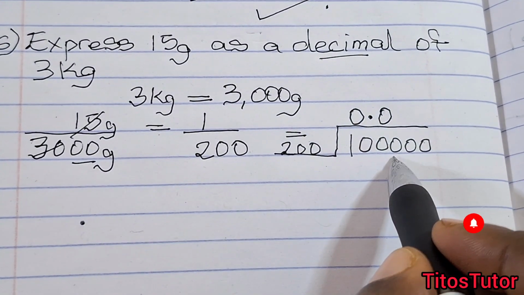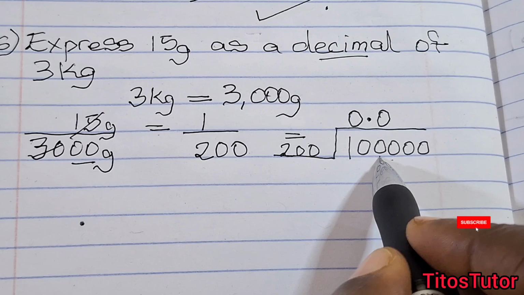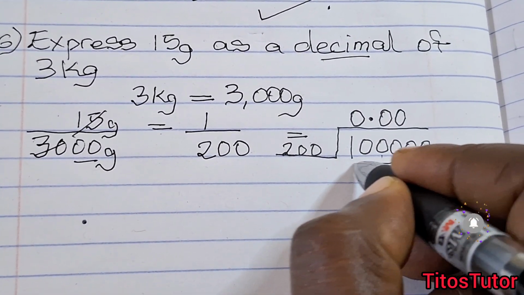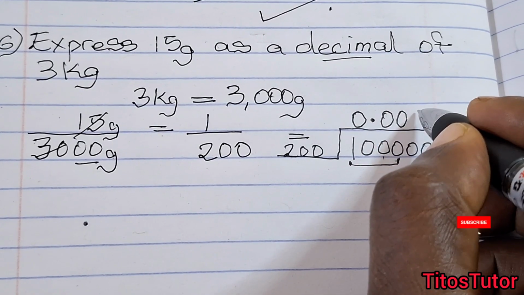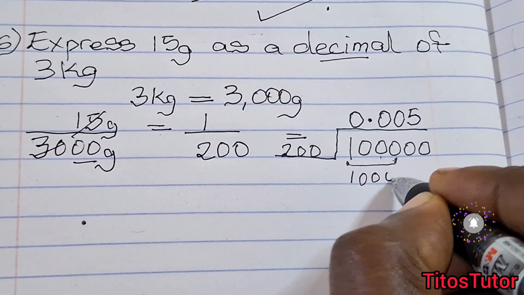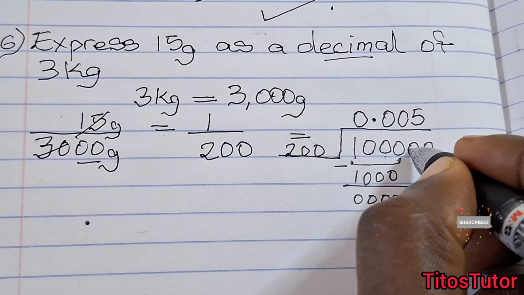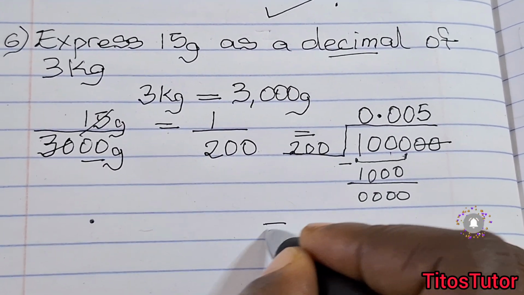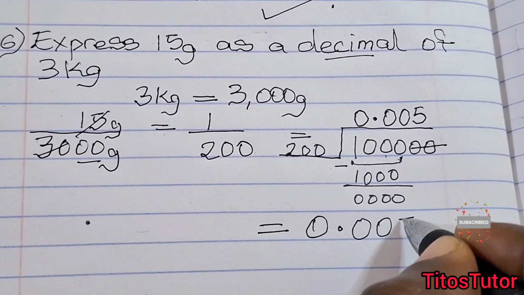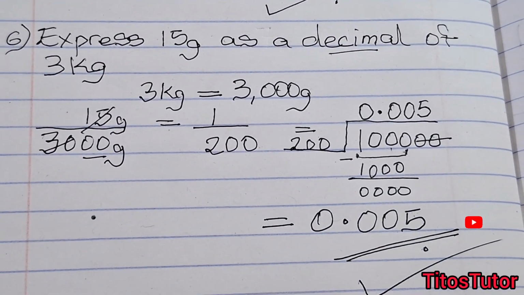Not possible. How many 200s are in 100? Even at that, not possible. How many 200s are in 1000? 5 of them. And that's 1000. Minus, it gives me zeros, so I can cancel the remaining zeros. My final answer, 0.005. And I am done.